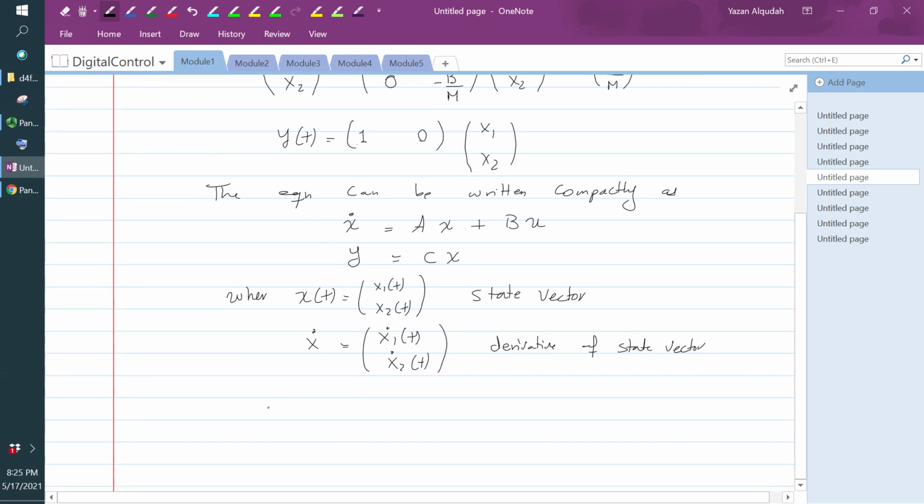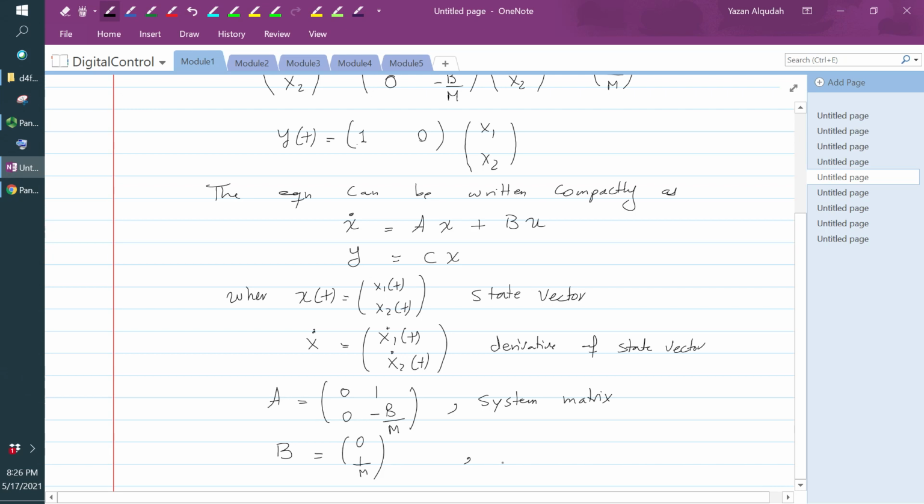And A from above is just equal to 0, 1, 0, negative b over m. And this is called the system matrix. And B is equal to 0 and 1 over m.